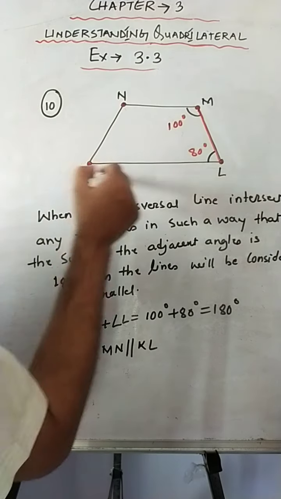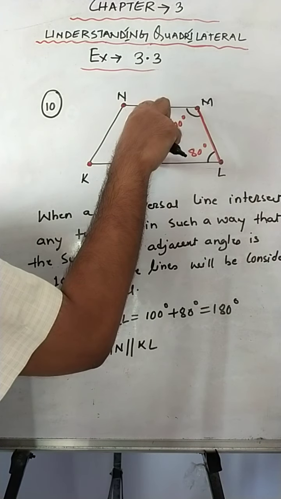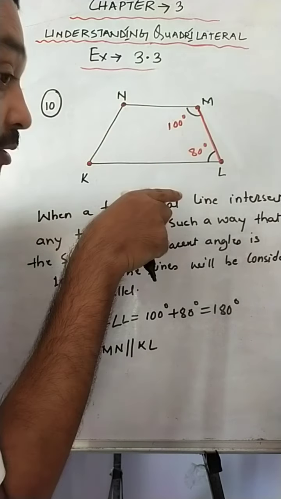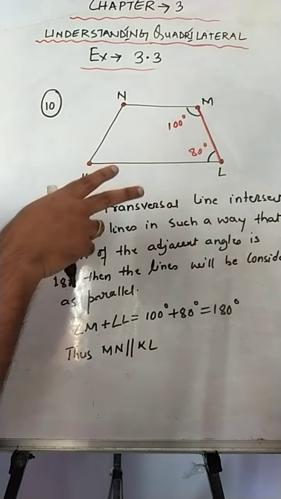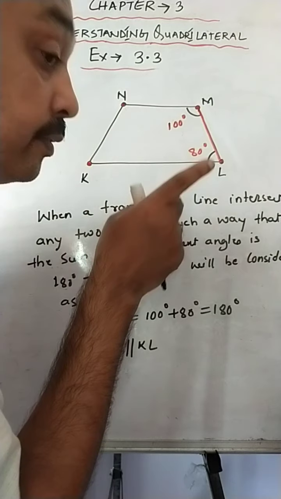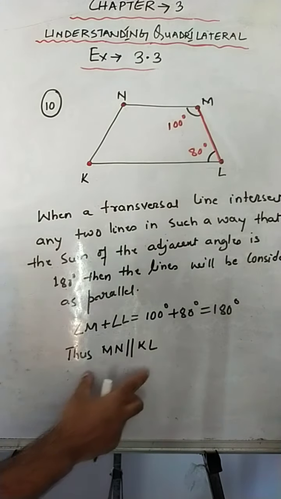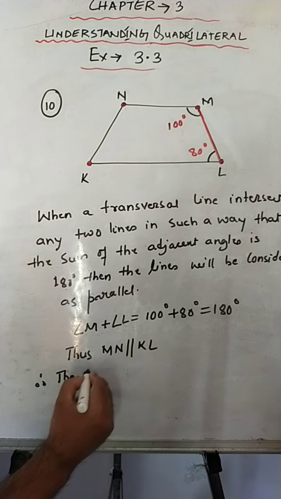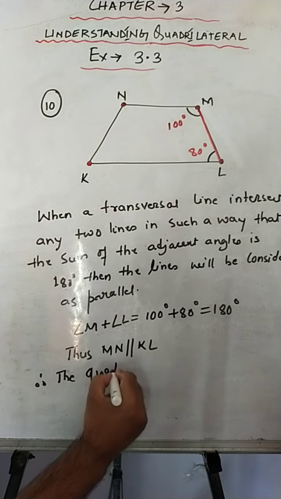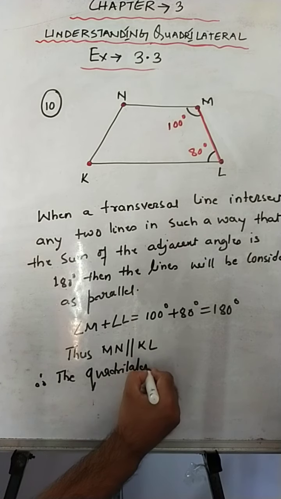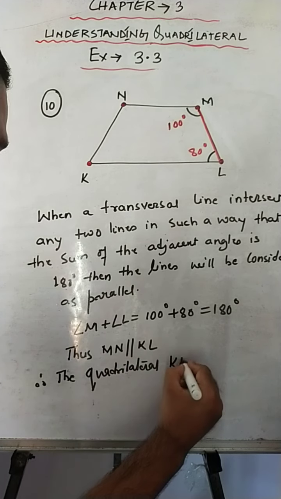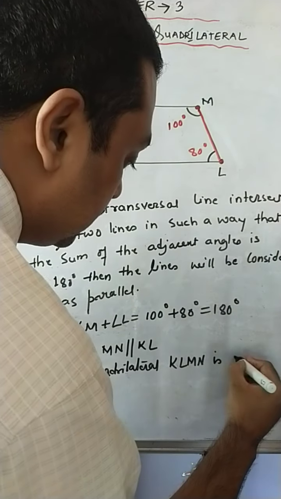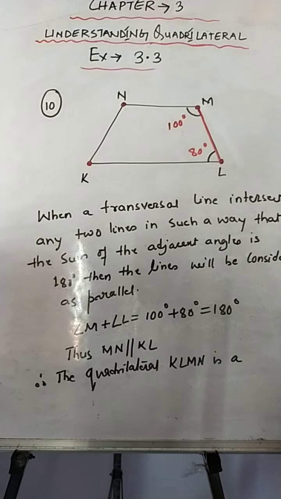So this quadrilateral has one pair of parallel lines. And what did I say about the trapezium? That it is a quadrilateral in which we have one pair of parallel lines, isn't it? So we have already proved this. So we can write, therefore, the quadrilateral KLMN is a trapezium.